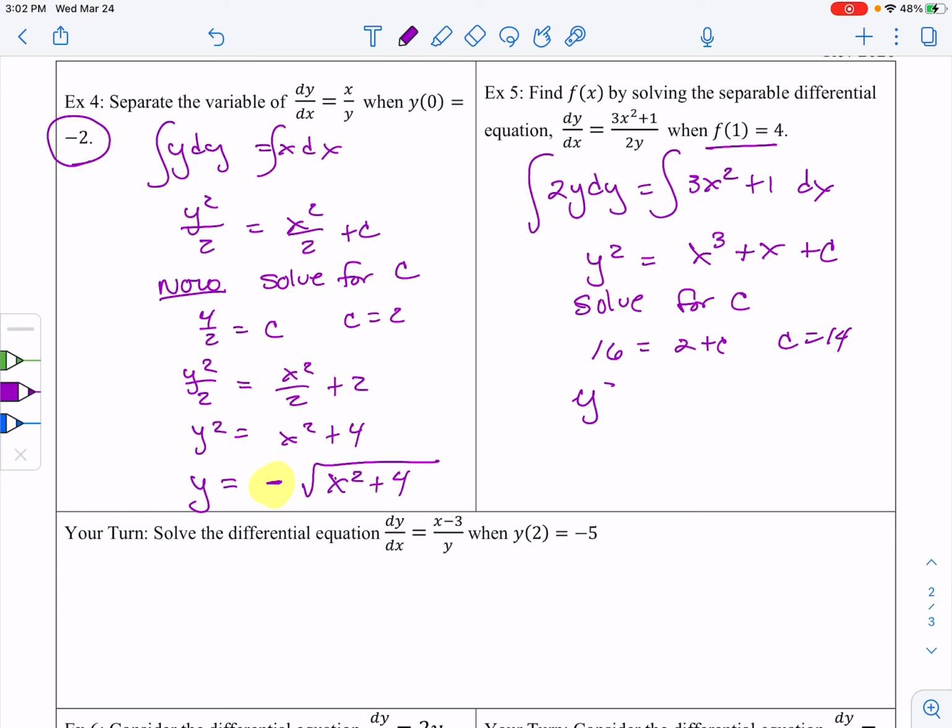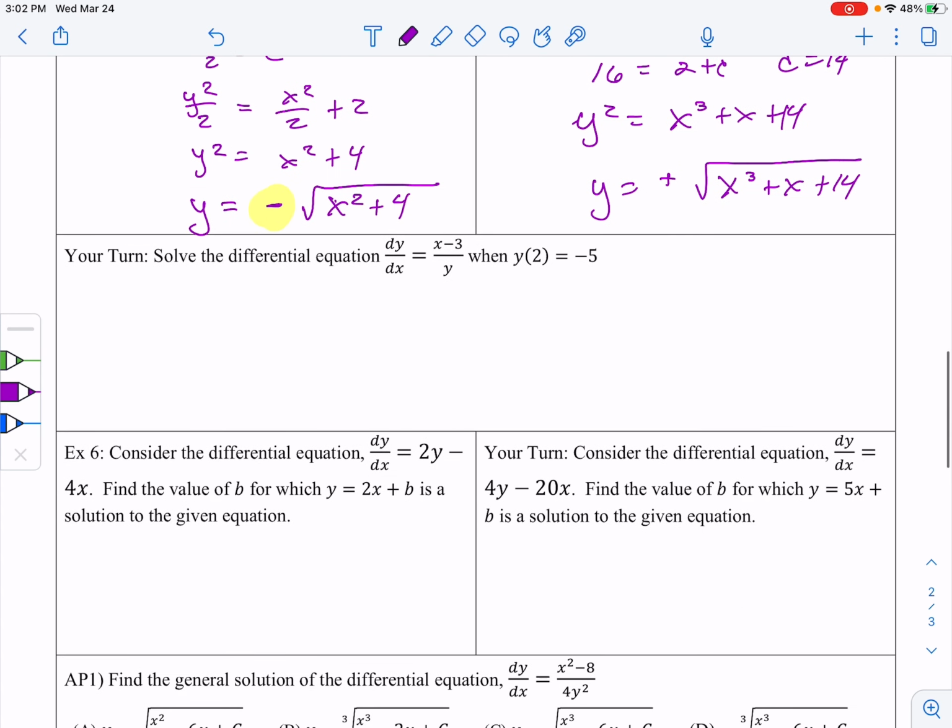Now you have y squared equals x cubed plus x plus 14, and you take the square root, and this time it's a positive root. You don't need the positive, but I write it down today so that you all realize that it's important to pay attention to that. Oh, that should say 14. All right? So far, the integration's not too hard. We want you to get the technique down so you know how to answer them.